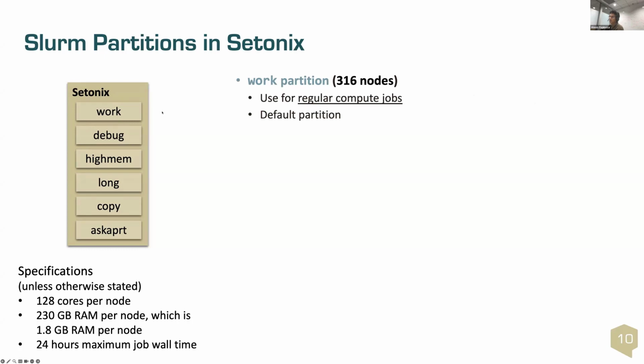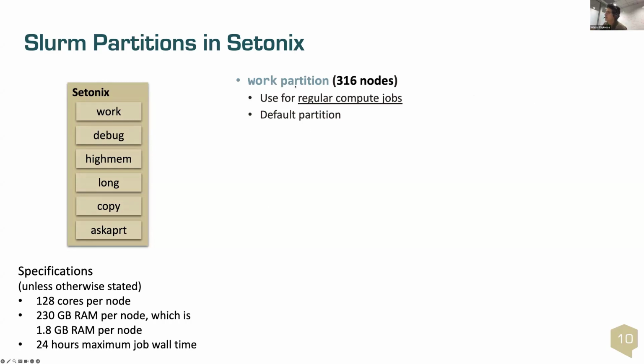The working partition is named GPU, and the debug partition, which is for testing and developing code, is GPU dev. There is also the GPU high mem. Yeah, I think so. Sorry for this, this slide needs to be updated.